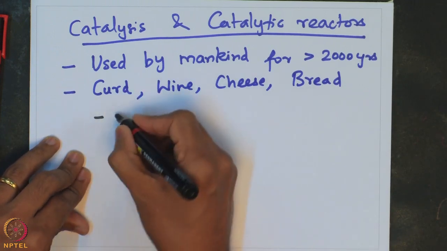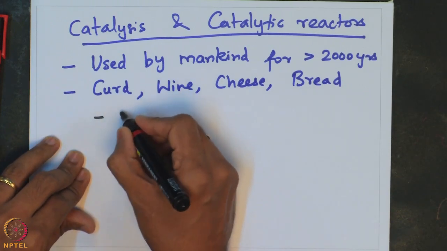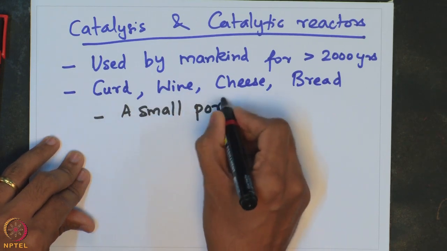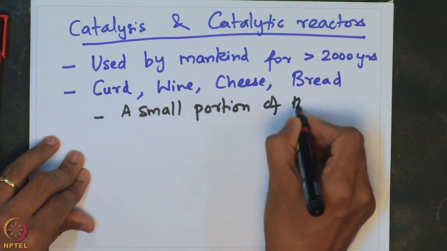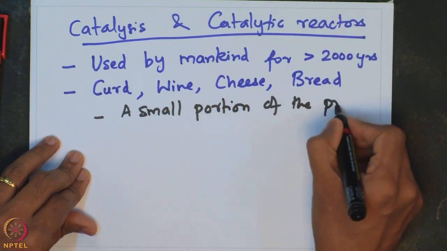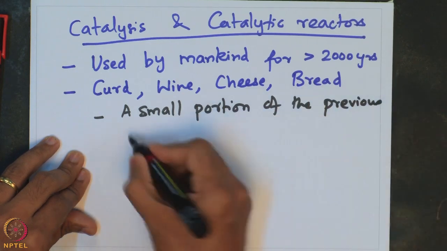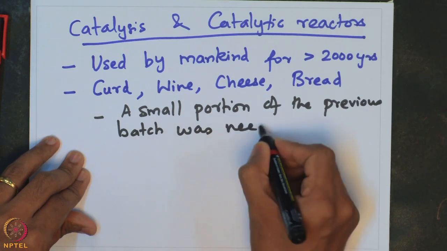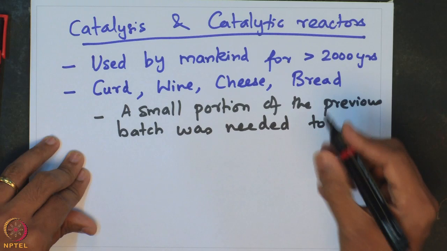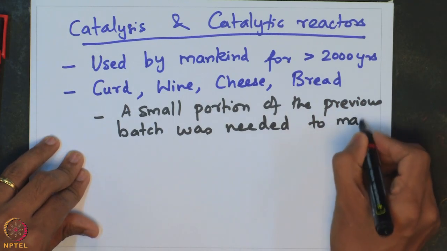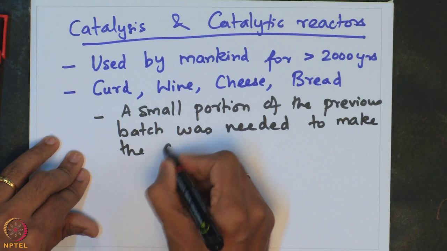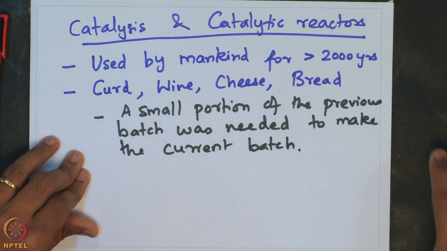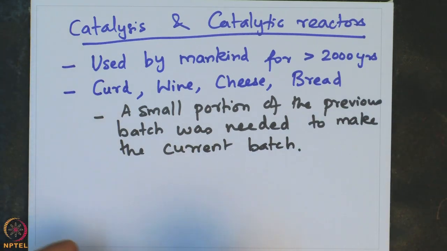in all of these cases it was observed that a small portion of the previous batch was needed to make the current batch of, say, wine or cheese or bread or curd.